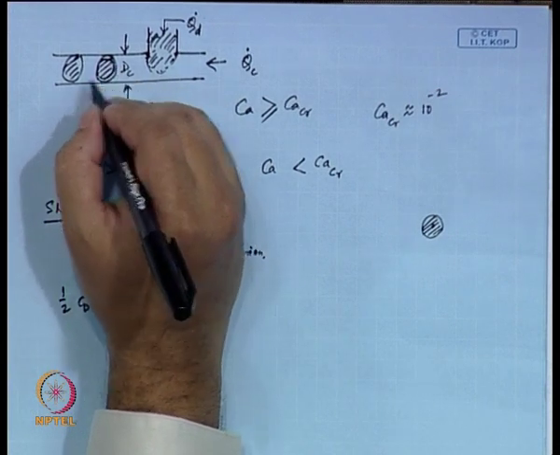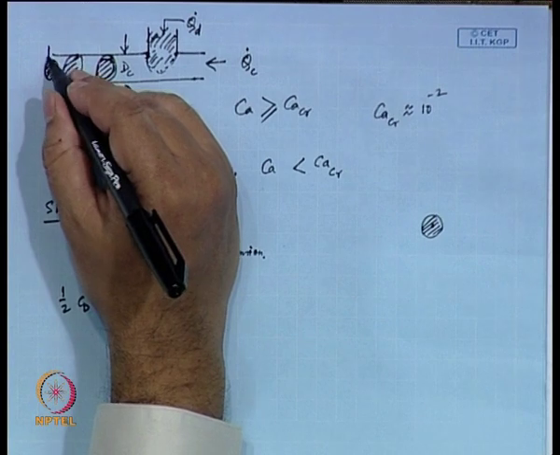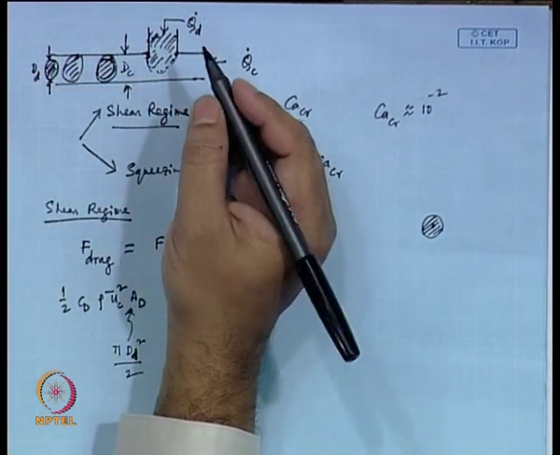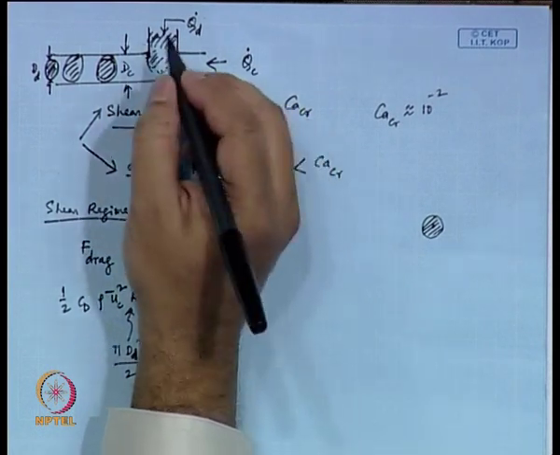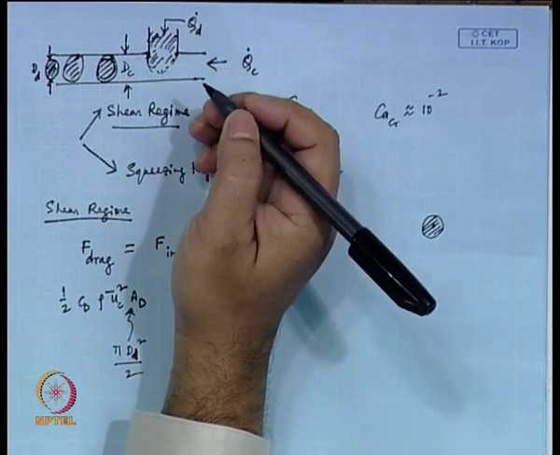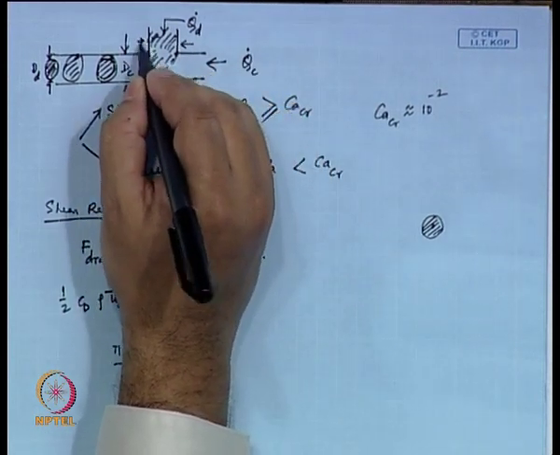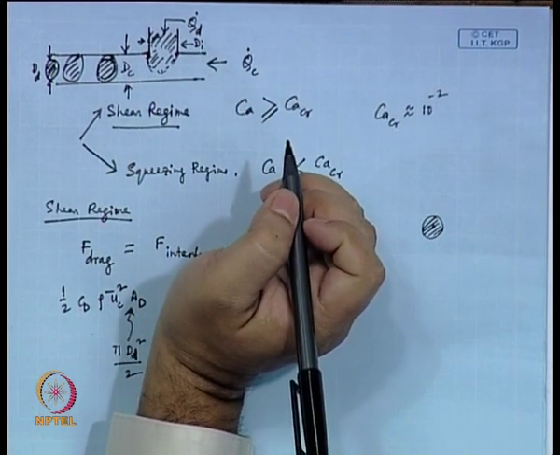In fact, the drawing should show a portion of the channel being occupied, and this diameter is dd, the diameter of the droplet. And then this diameter would be di, the injection port diameter, di.